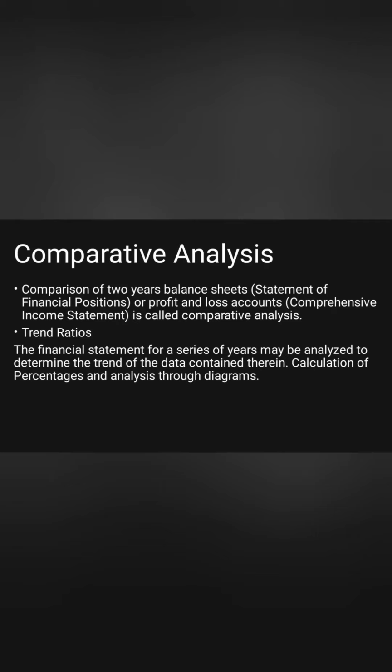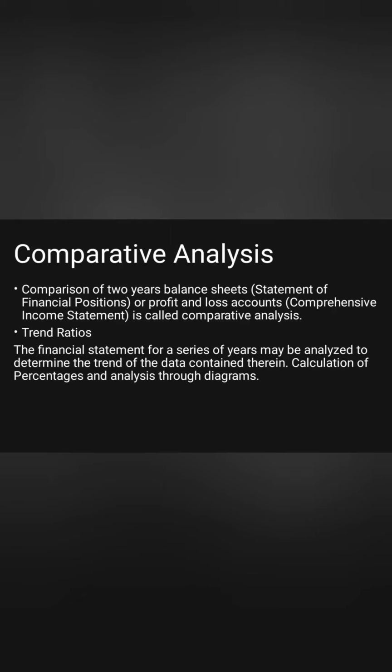How much profit earned in 2009 and how much in 2010, whether it has decreased or increased. That is in comparative analysis. It's a comparison between the items.